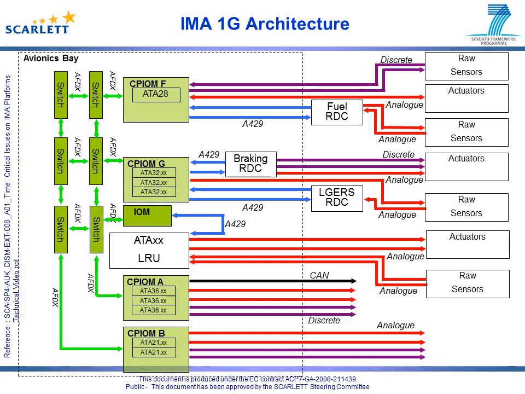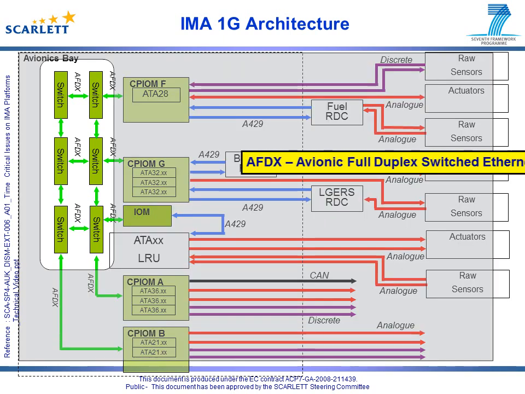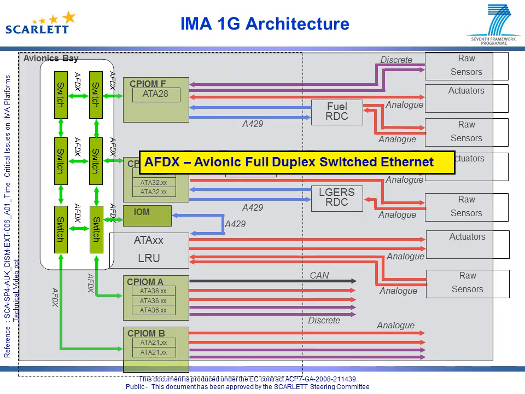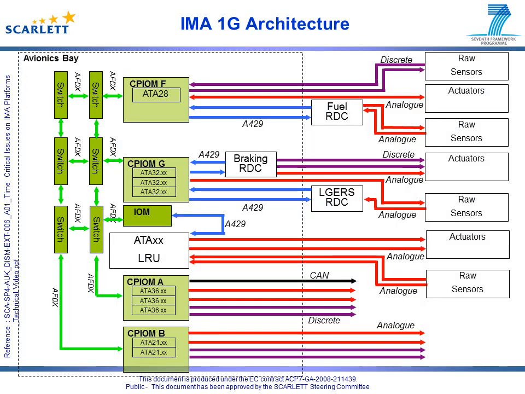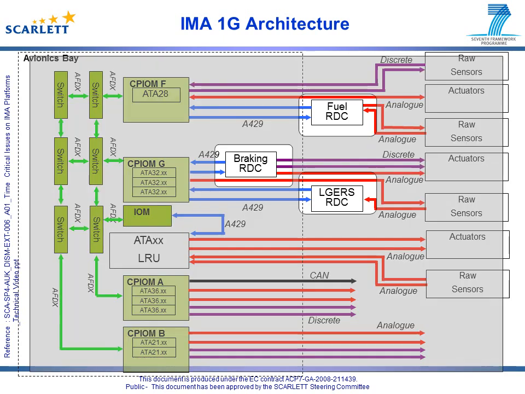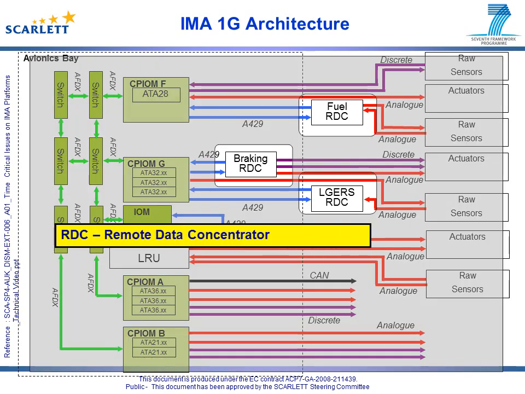The next component to identify is the AFDX switch. The switches are linked to form the primary data communications for the IMA. The next component to address is the RDC. Within IMA 1G, these were not common resources as the different systems implemented their own RDCs.